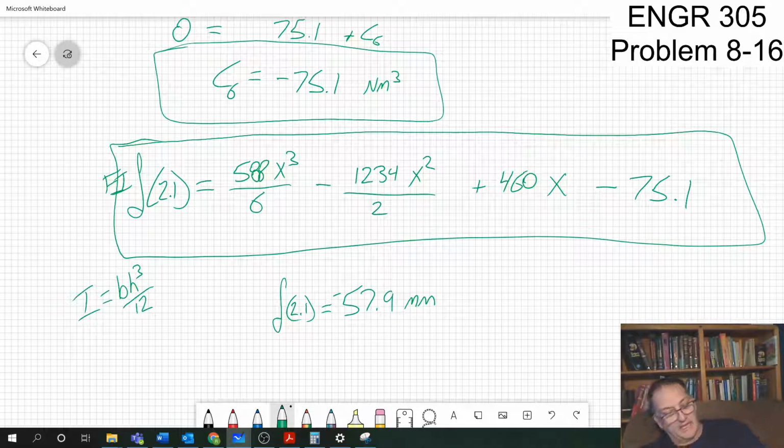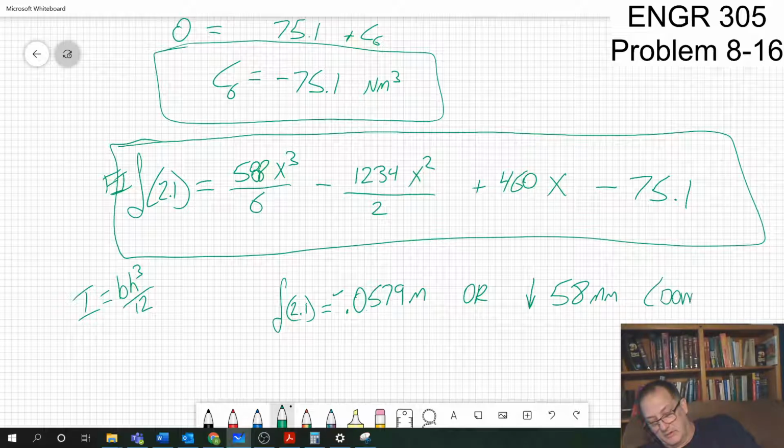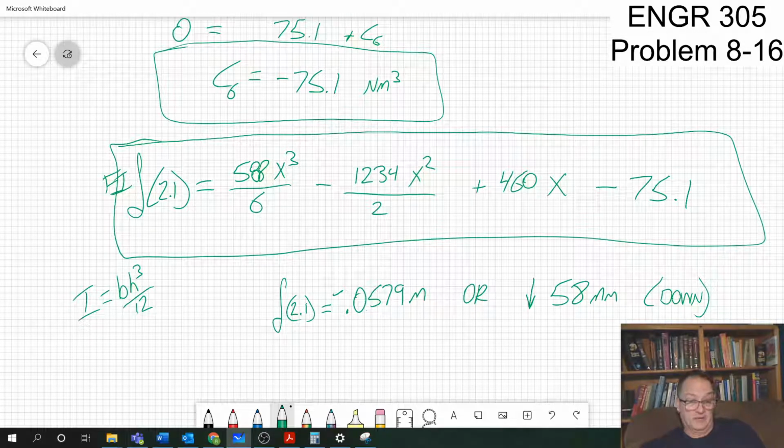Sorry, it's not even going to be that at all. I'm writing down the answer. I would actually have calculated this to be negative 0.0579 meters, or 58 millimeters down. Shouldn't be a surprise, somebody standing on the end of the diving board is going to cause the diving board to go down.